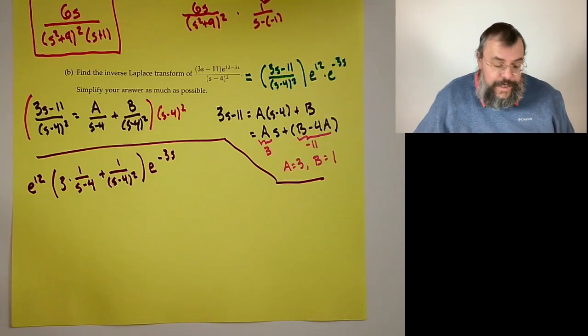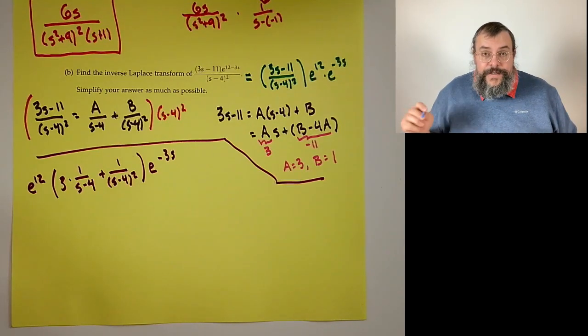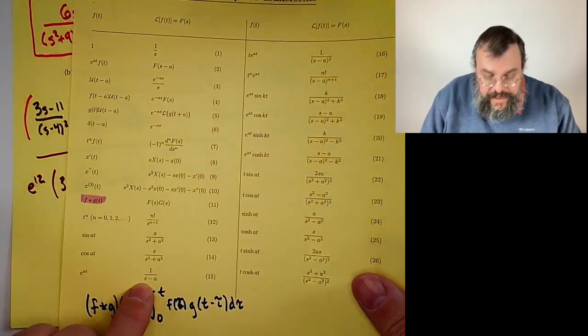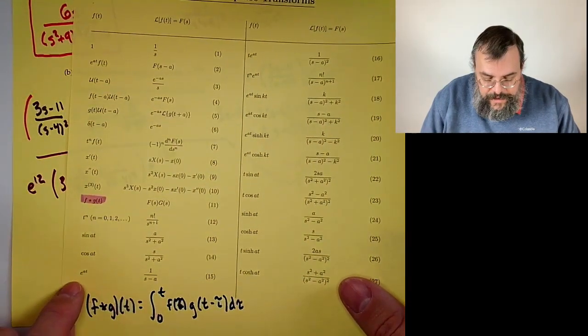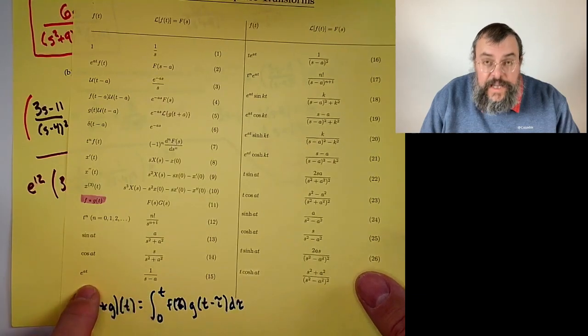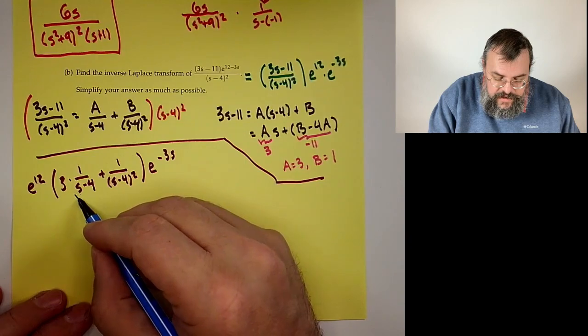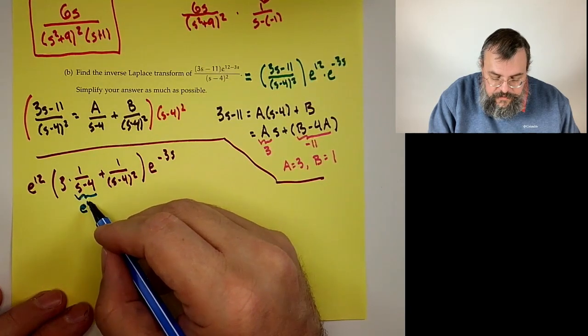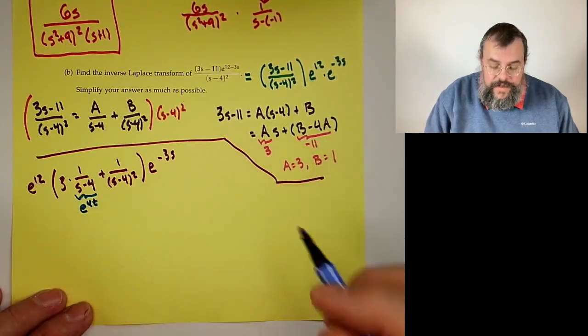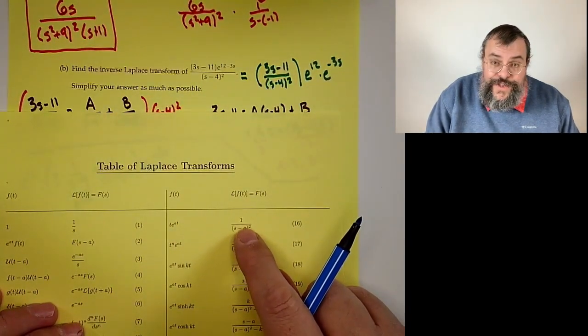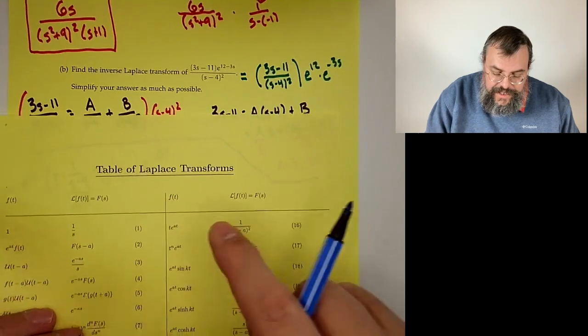Now, let's look at our table. First off, 1 over s minus 4 shows up. That would correspond to e to the 4t. So this part right here would normally be e to the 4t, and I'll come back to what I mean by normally. 1 over (s minus 4) squared also shows up: t e to the 4t.